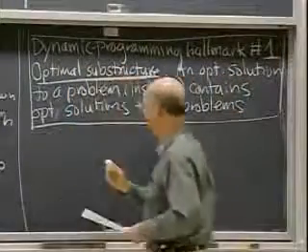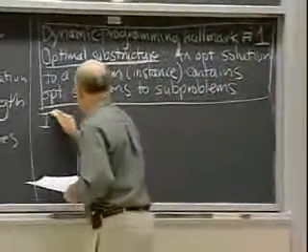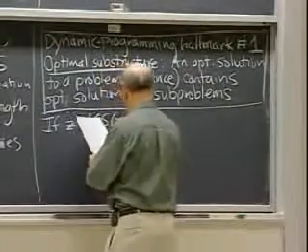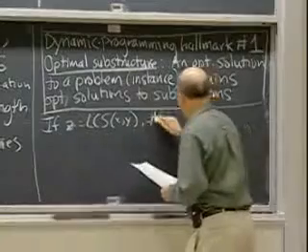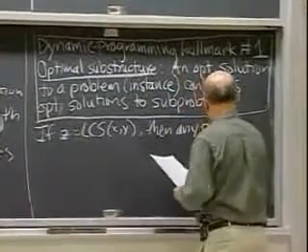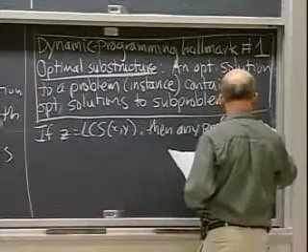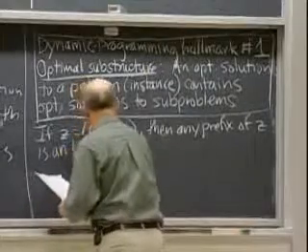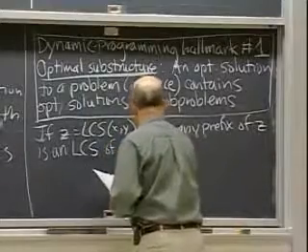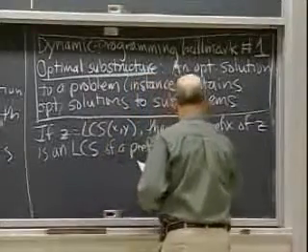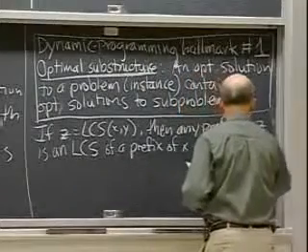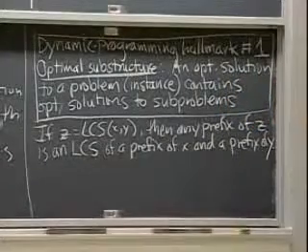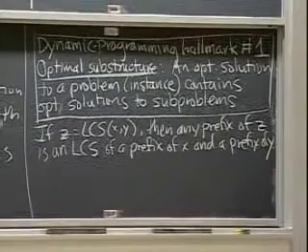So here, for example, if Z is a longest common subsequence of X and Y, then any prefix of Z is a longest common subsequence of a prefix of X and a prefix of Y. Okay?